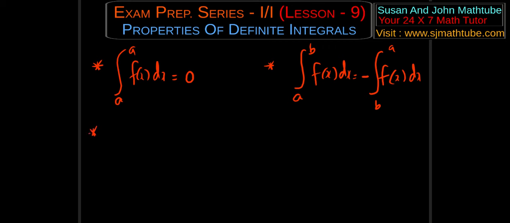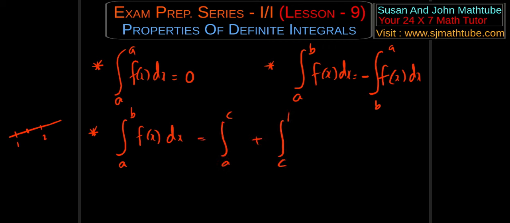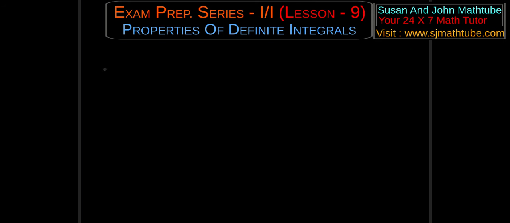And the third one, integration can be split at any point and restarted at the same point. This is because of the cluster of real numbers. Because there are so many numbers between 1 and 2, even if you leave that number or take that number, it doesn't make any difference. So it will be like integral a to c plus integral c to b itself, the function value dx. Okay. I hope you are listing all these points in a paper.